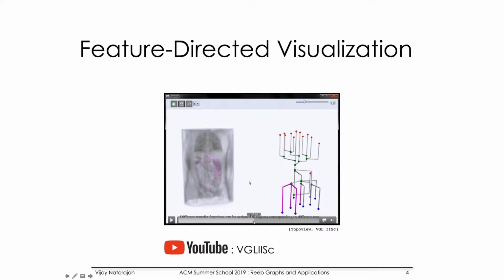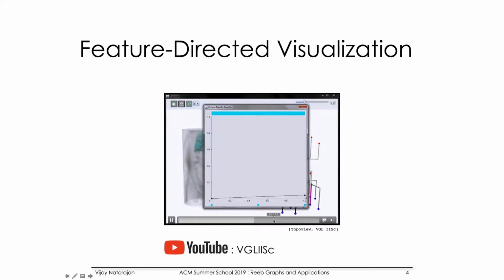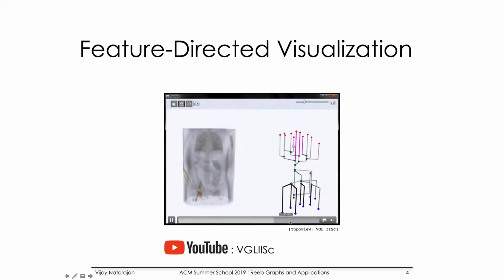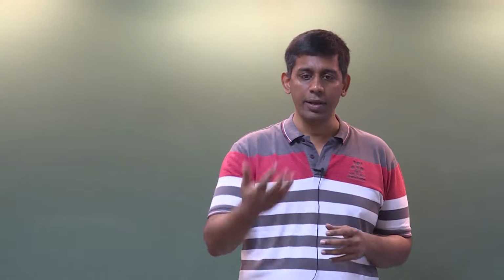There you will soon see that there are other arcs that can be selected that correspond to the bones, to the skin, and so on. Depending on what kind of a surgeon one is, they can highlight that particular part of the body, while still seeing everything in context. So this is one application of such a structure.